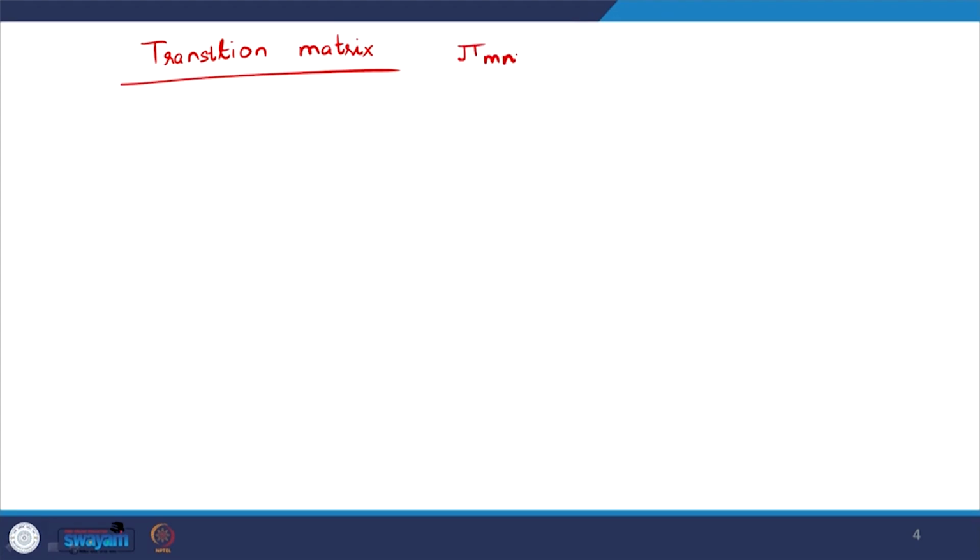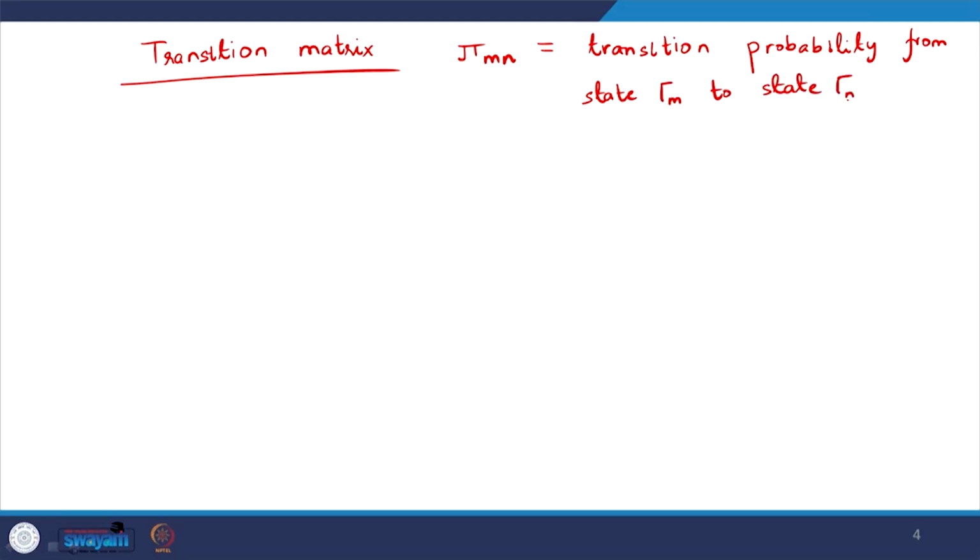pi mn, where pi mn is the transition probability from state gamma m to state gamma n.